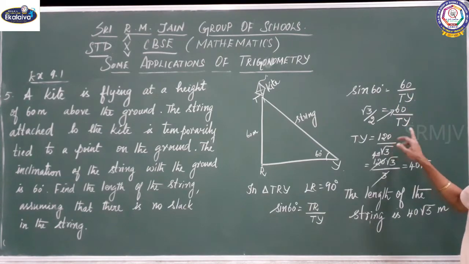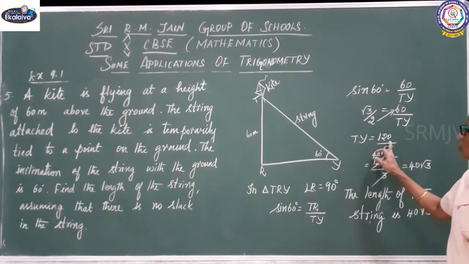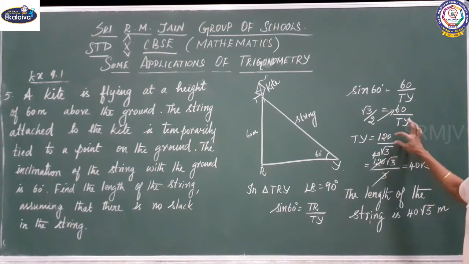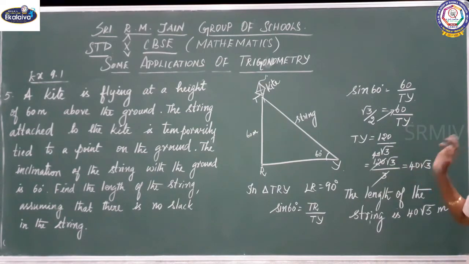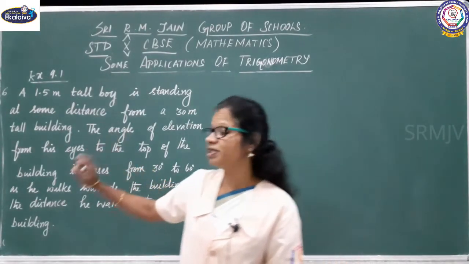Here 60 divided by TY. TY equal to 120 by root 3. You are doing the rationalize the denominator. So, use the same number and multiply your numerator and denominator. Finally, you arrive the result as 40 root 3. Therefore, the length of the string is 40 root 3 meter.